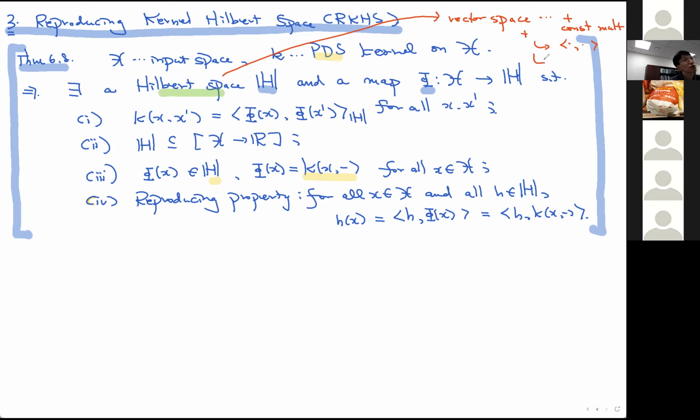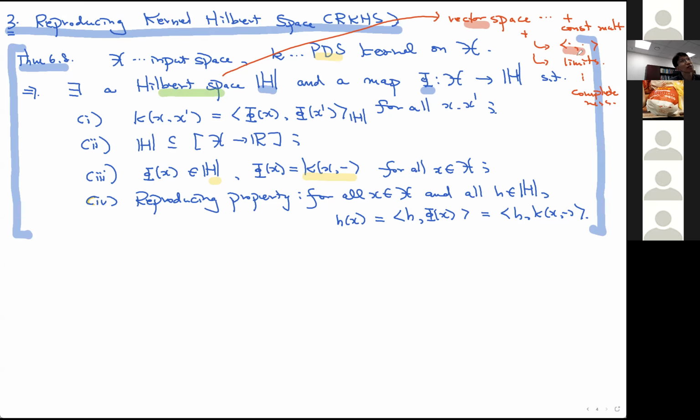A Hilbert space means we have one more property: we have enough limits. All so-called Cauchy sequences, which get closer and closer, have a limit. This is called completeness. Having these properties characterizes the Hilbert space: a vector space with addition and constant multiplication, plus an inner product, which is a binary operation linear in each argument and satisfying so-called positive definiteness.